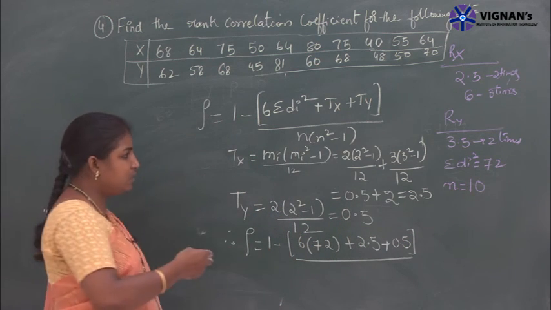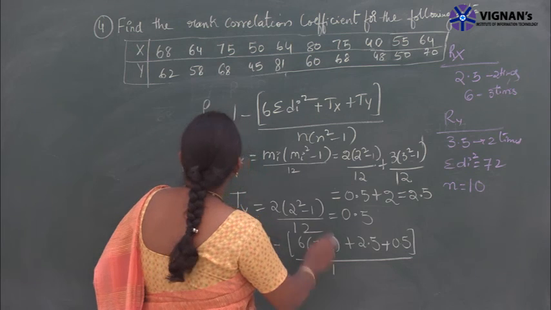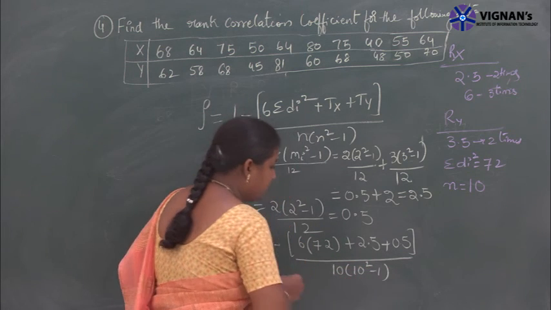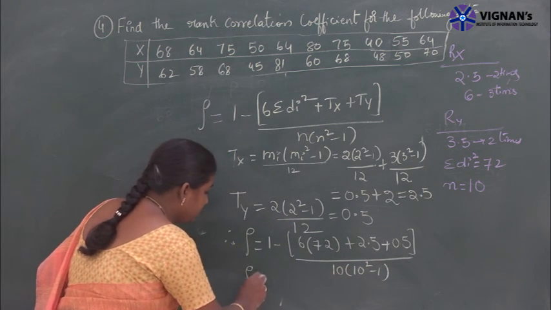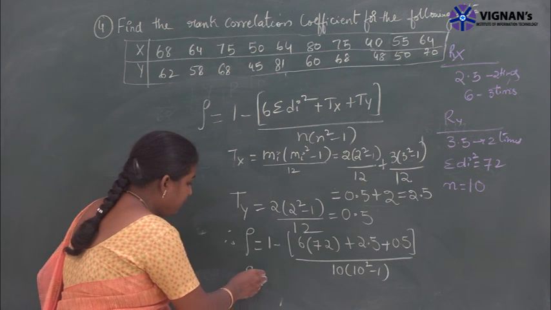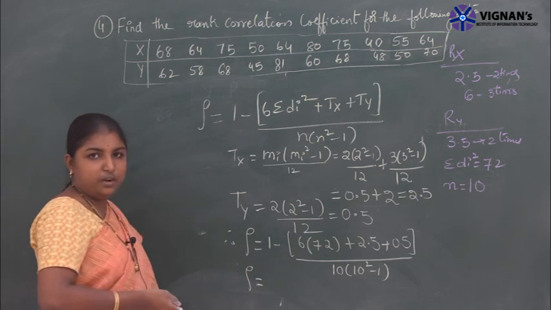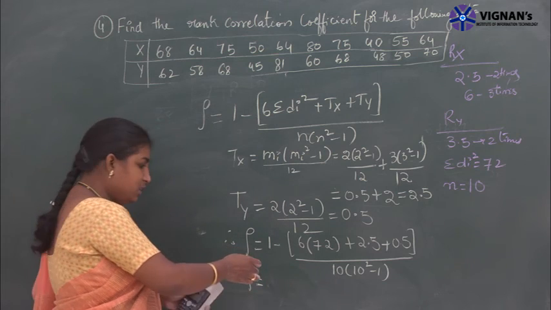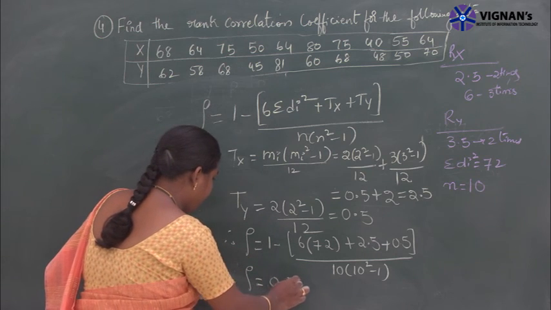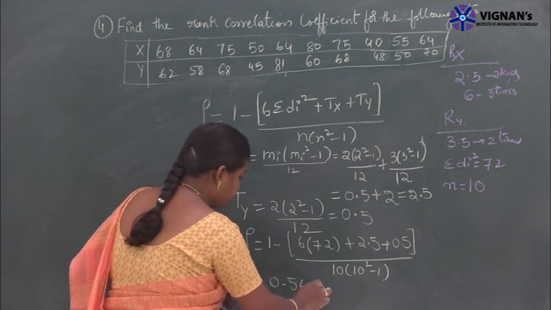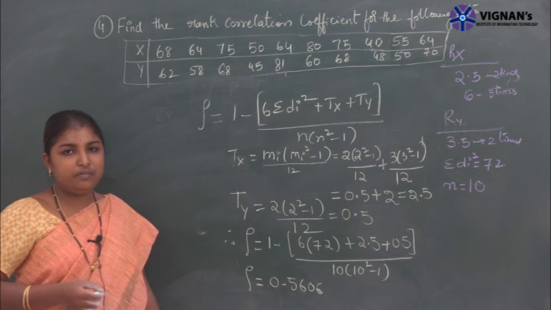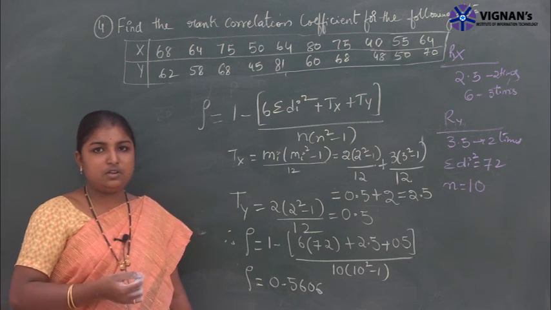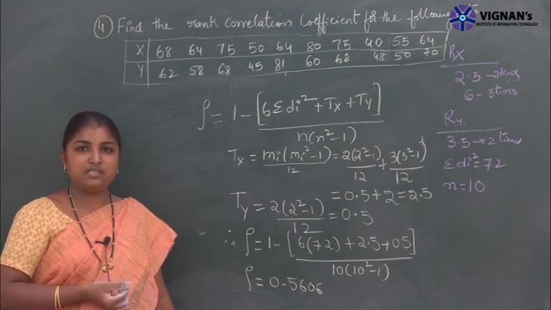We are having 10 observations, so that is 10 into 10 square minus 1. Now we are simplifying this one. We get the Spearman rank correlation coefficient rho value, 0.5606. Okay. So this is the Spearman's rank correlation for the given data, and this value lies between minus 1 and plus 1 only.